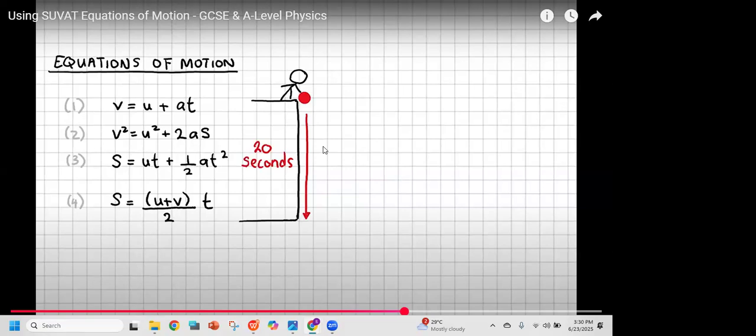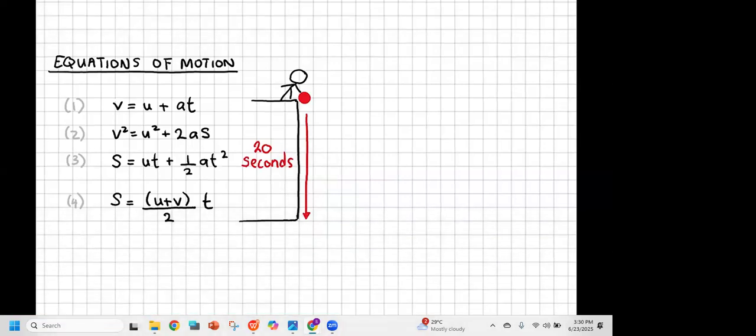Why does the ball fall? Gravity. So the acceleration is due to gravity. Any object that is falling downwards has acceleration due to gravity. How much is gravity then? 10. So we have acceleration also. They won't give you these. You should know that. So if an object is falling down, it has acceleration due to gravity. Clear?